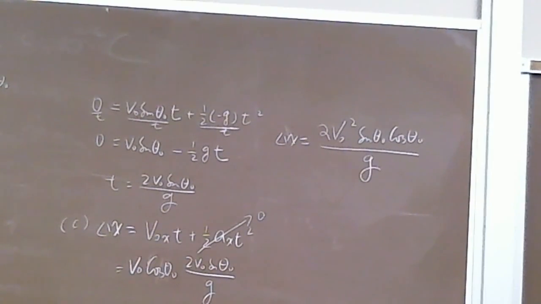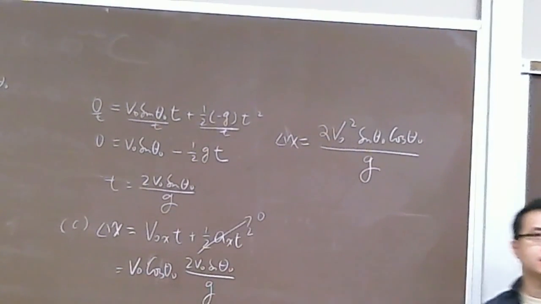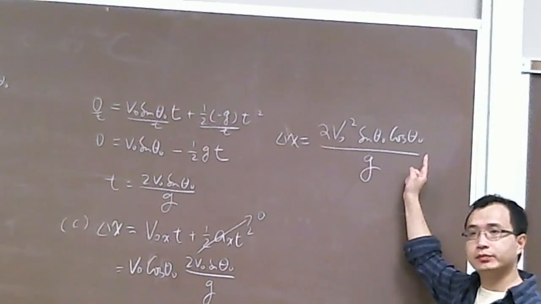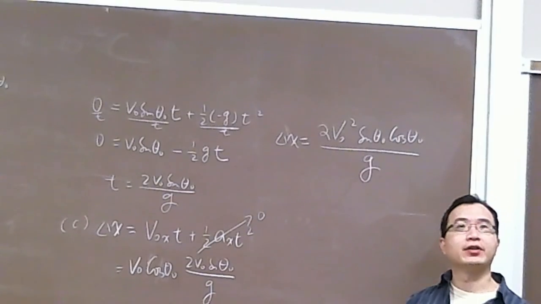Now, the last question. We want to analyze the results we got here for the horizontal range delta x. We want to find out for what initial angle theta naught the delta x will reach some maximum value.